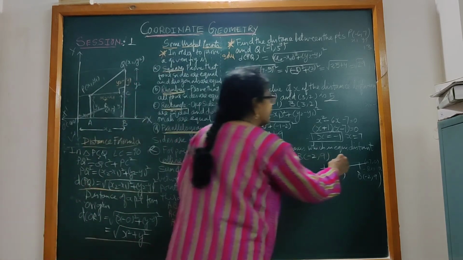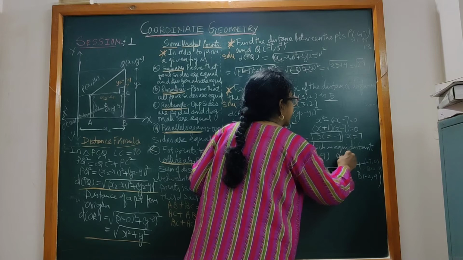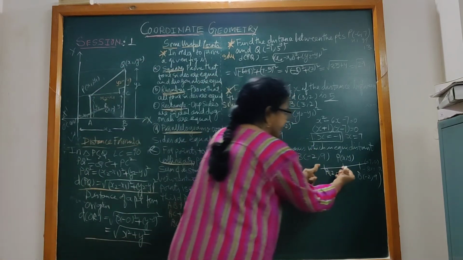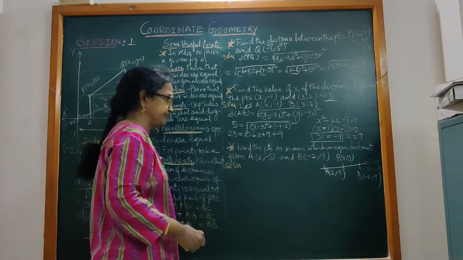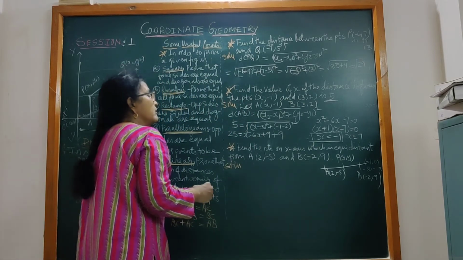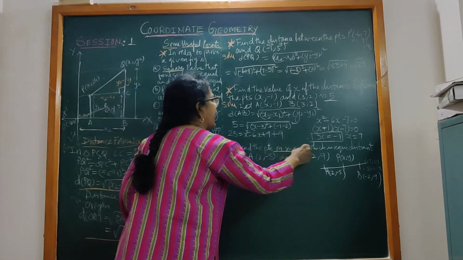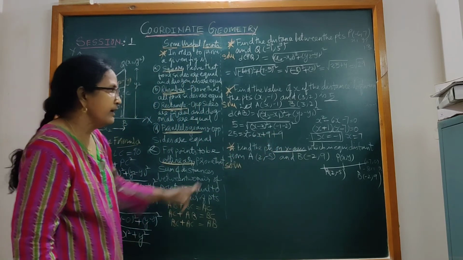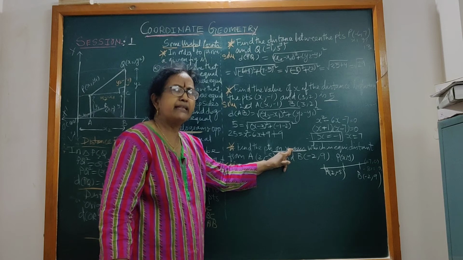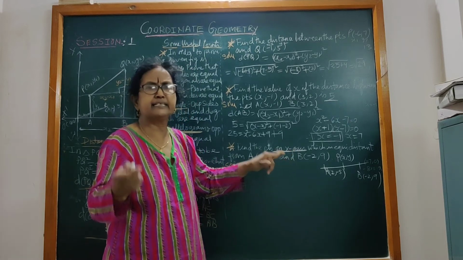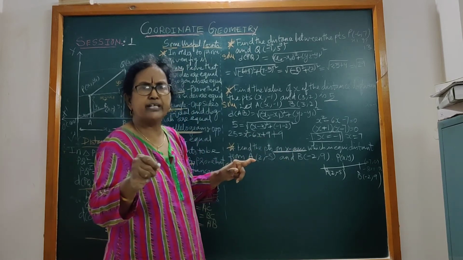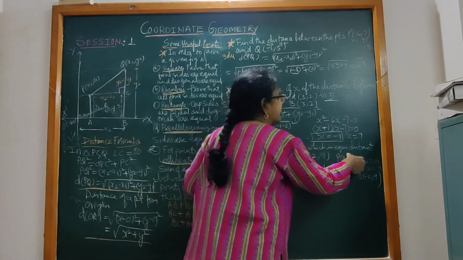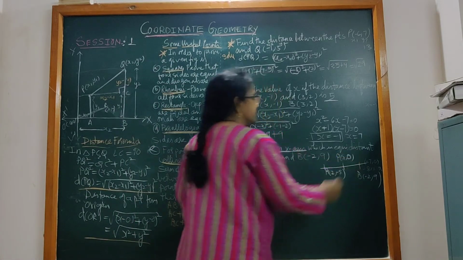The point P, whose coordinate I am taking as x, y, is equidistant; the distance is the same. And the point is on the x-axis, so the x coordinate is there, but y will become 0.